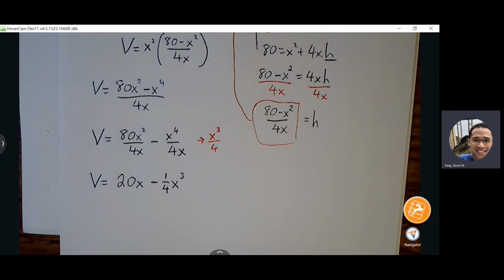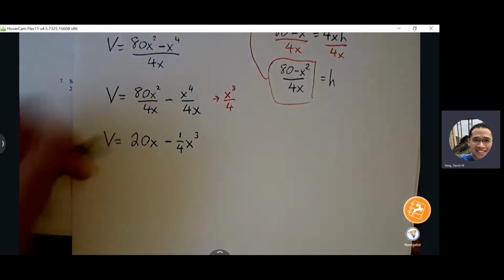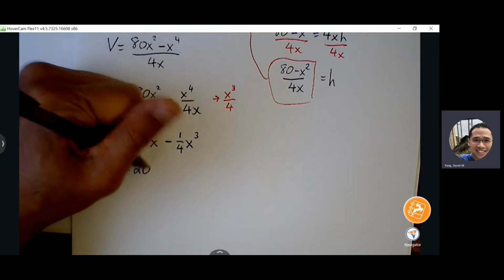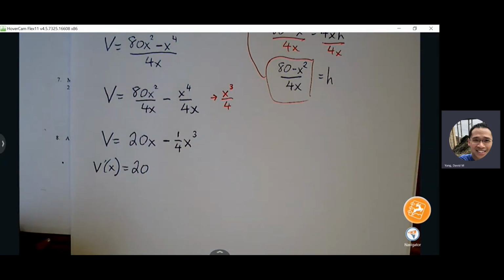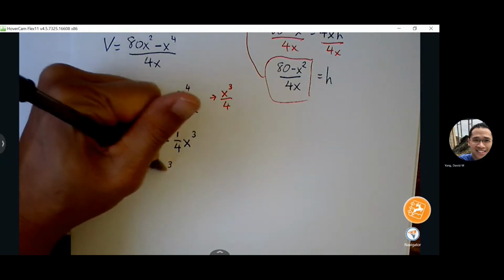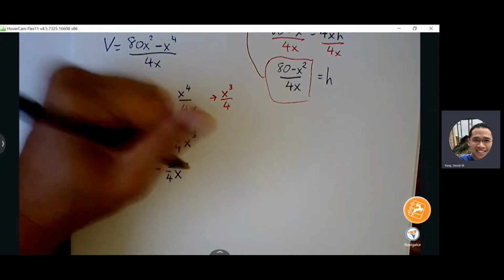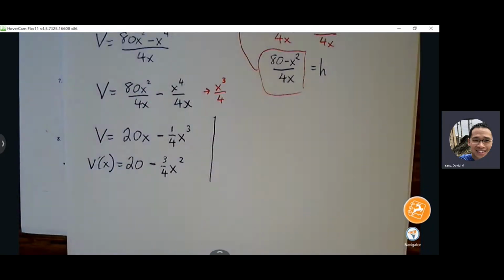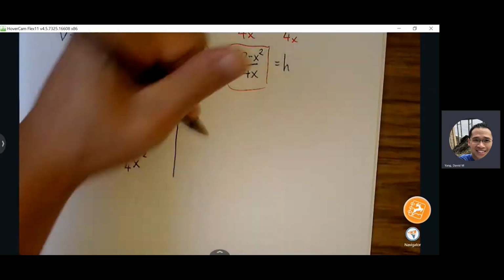Okay, so no derivative yet, right? All we're doing is we just clean it up. So now we can find v prime. 20x becomes 20. Bring that 3 down. Subtract 1 from the exponent. Once you have your derivative, you're going to set your derivative equal to 0 every time.